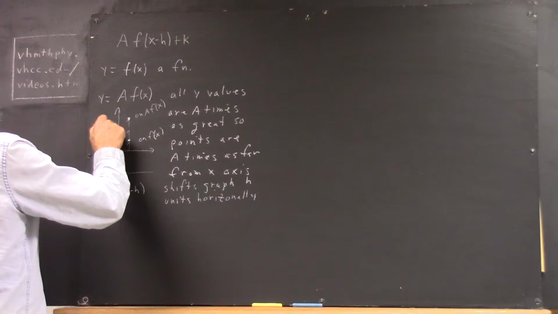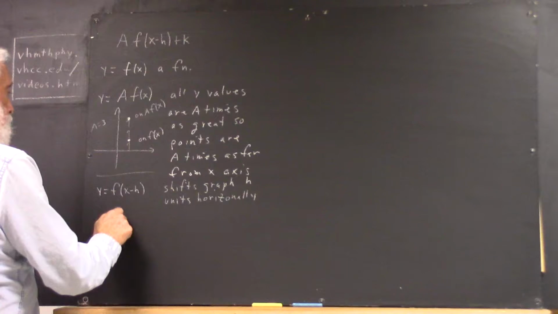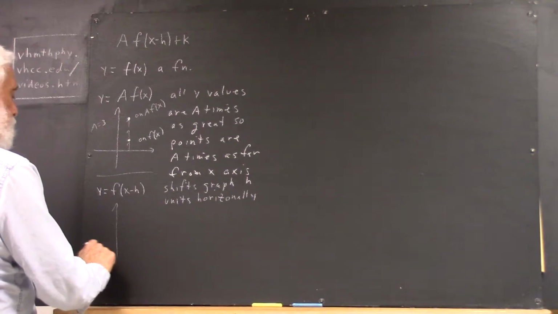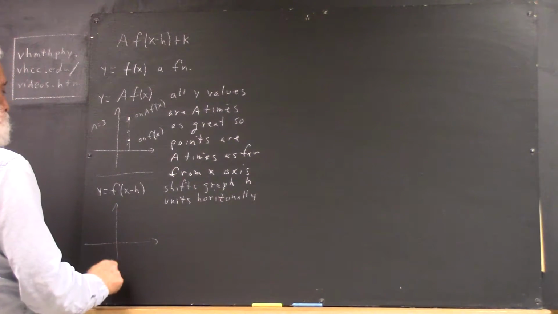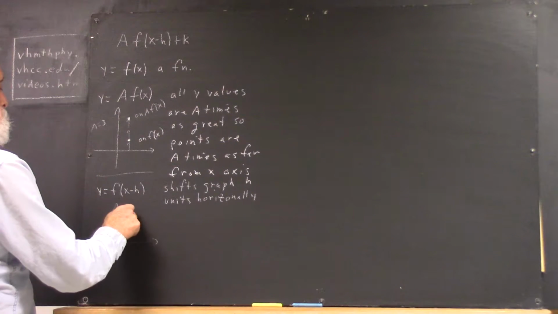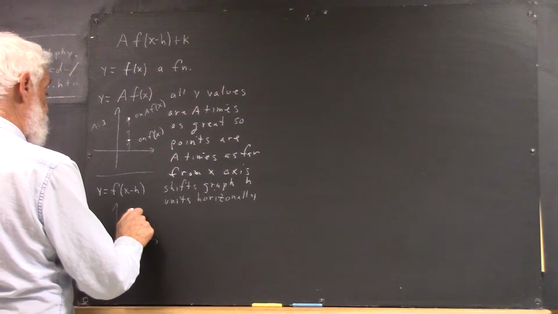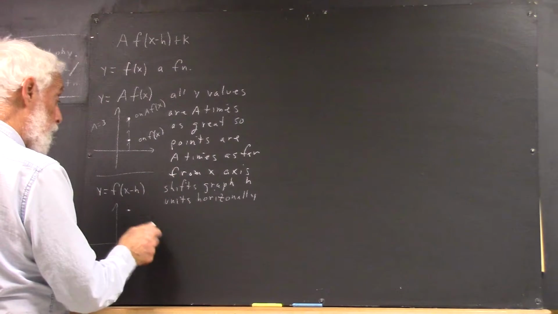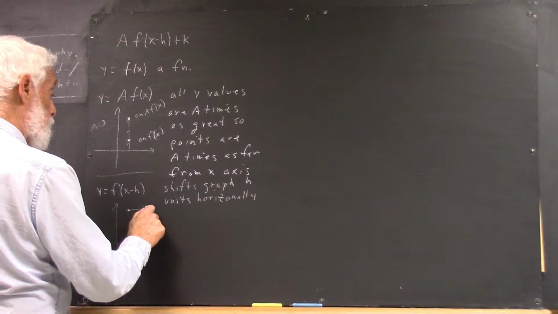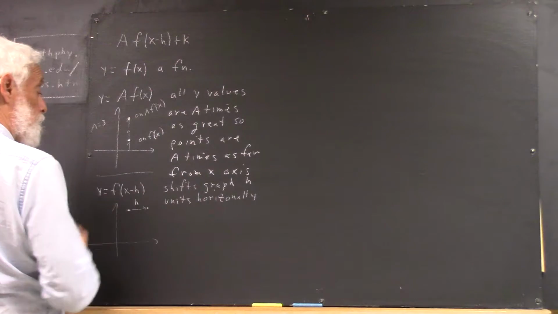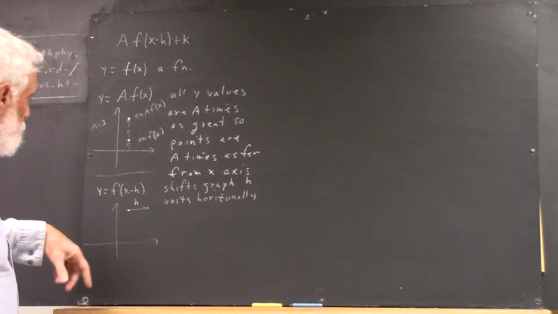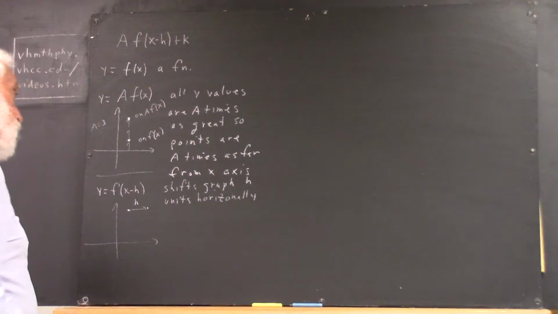Make a note up here, this is for a equals 3. Okay, and that means that if you have a point here on the graph of a function, that if h is positive, it's going to shift that point h units. Now if h was negative, it would shift the point in the opposite direction.